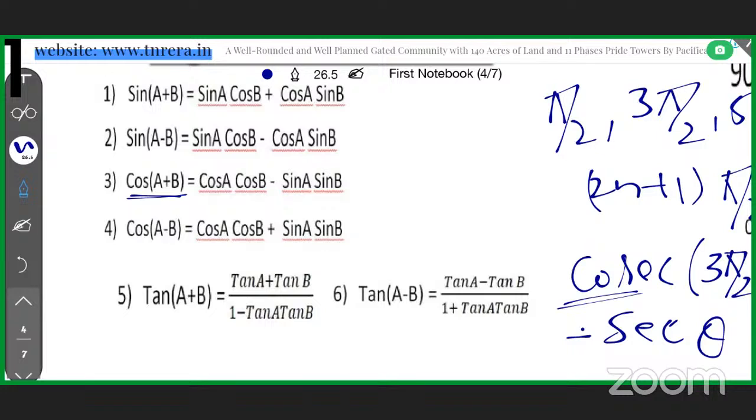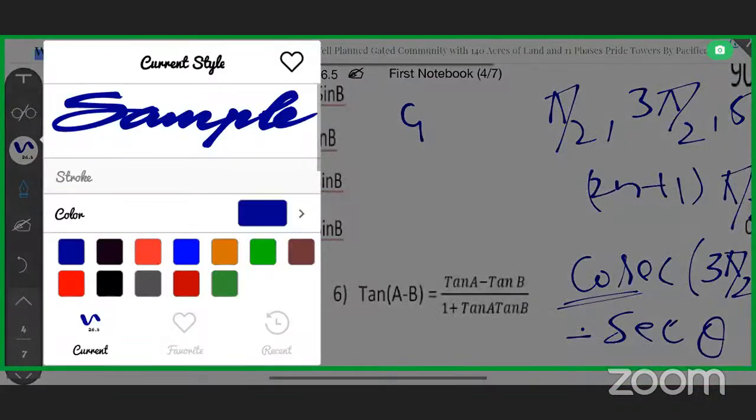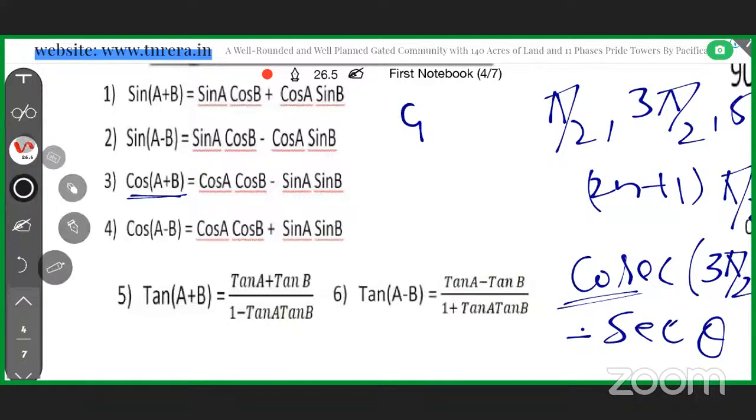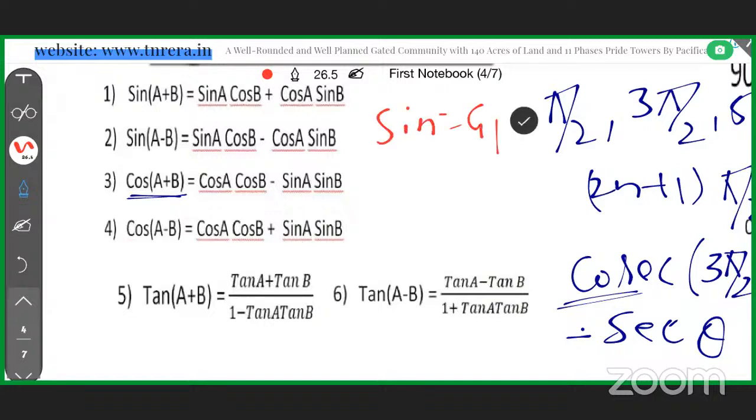Let us see here. I take sine as gang 1 and cos as gang 2.